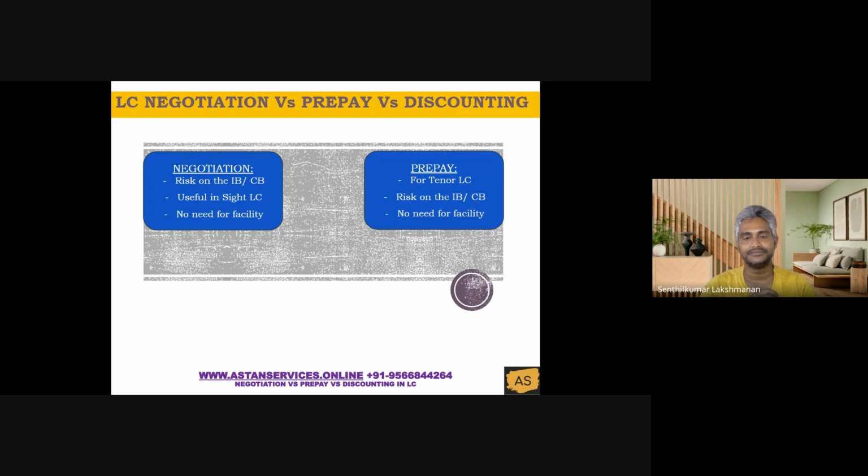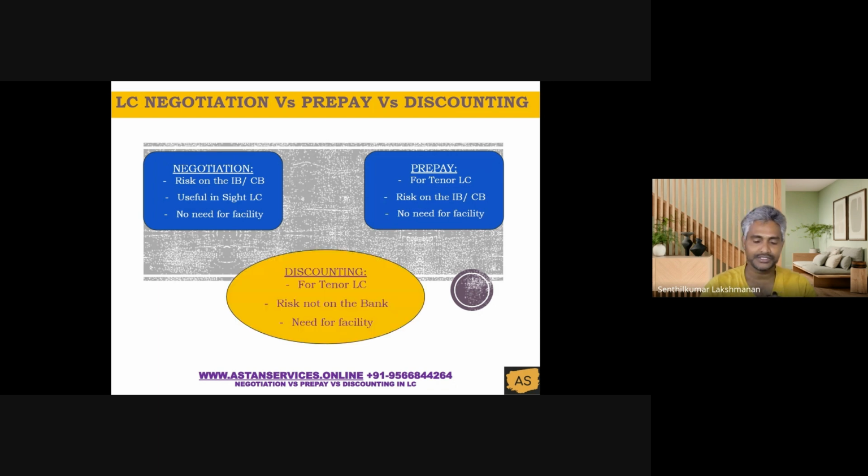This is always the bank's risk appetite, or the bank's way to secure their funds whenever they finance. But when it comes to discounting, this is where the beneficiary's limit will be blocked, where the bank will be giving a credit facility. The credit facility will have different financing options, like term loans, overdraft facilities, and non-fund based limits like LC and bank guarantees.